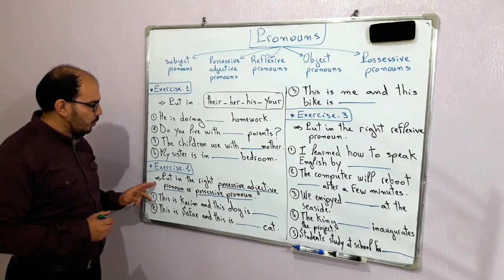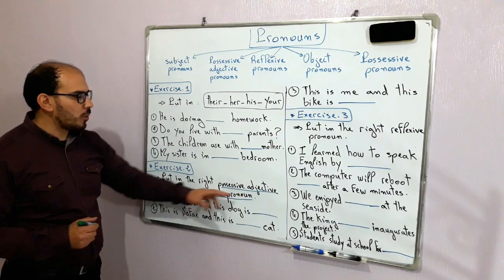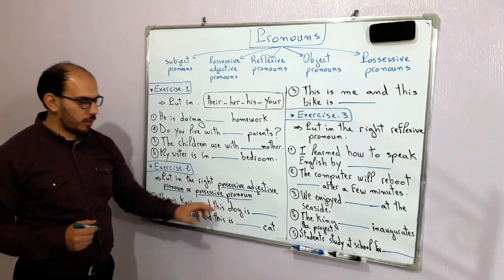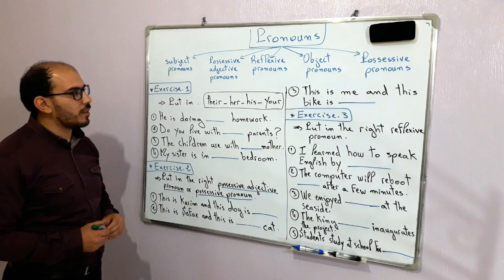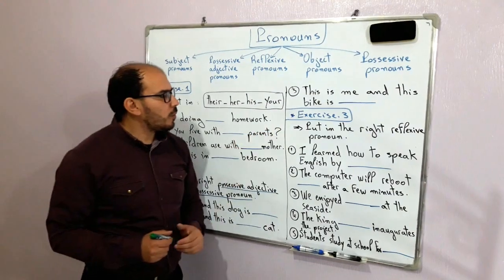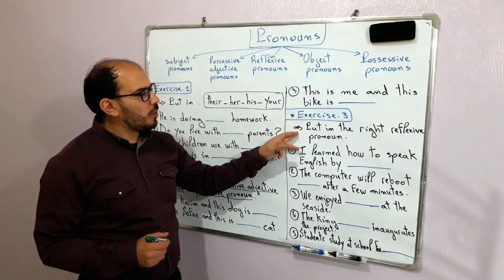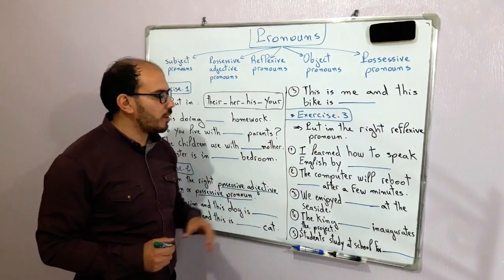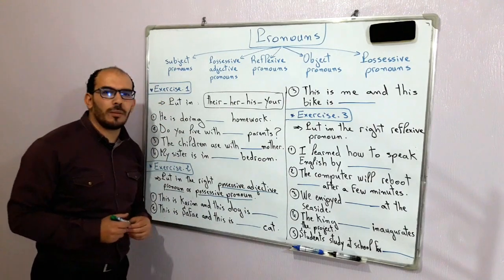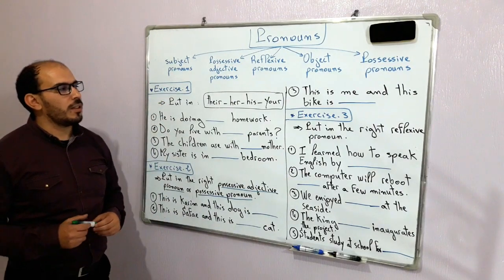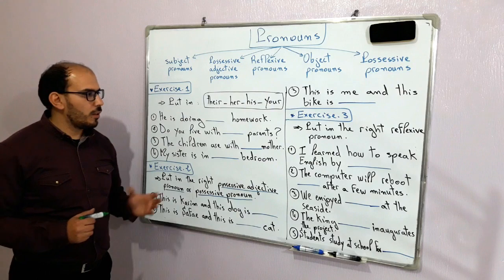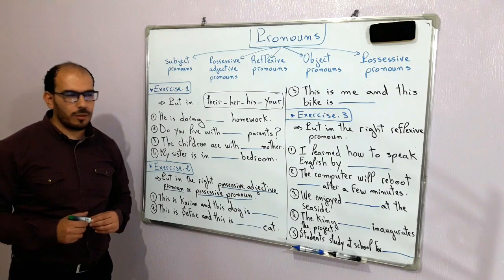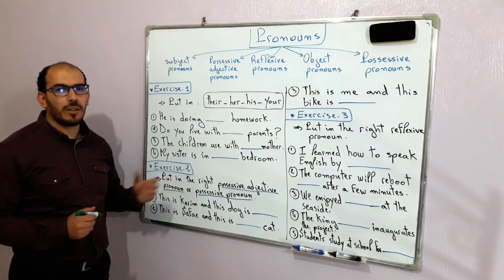For exercise number 2, put in the right possessive adjective pronoun or possessive pronoun, so it depends on the sentence. Next, for exercise number 3, you have to put in the right reflexive pronoun. So I have to read the sentences, then put the right reflexive pronoun. You can stop the video, try to answer by yourself, then check your answers because I'm going to answer the exercises.